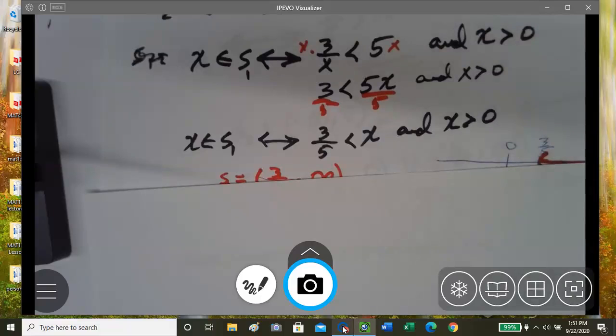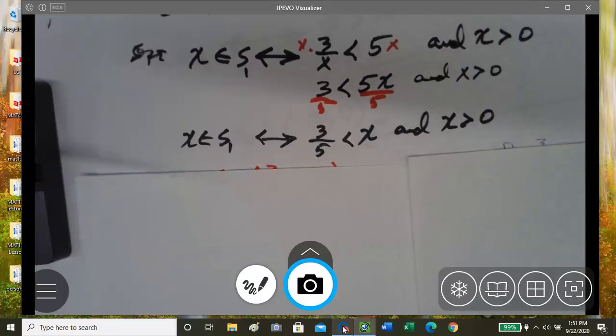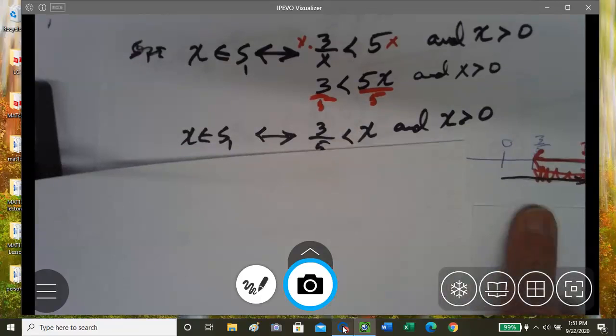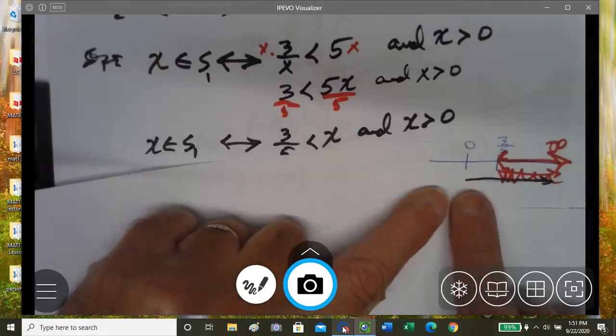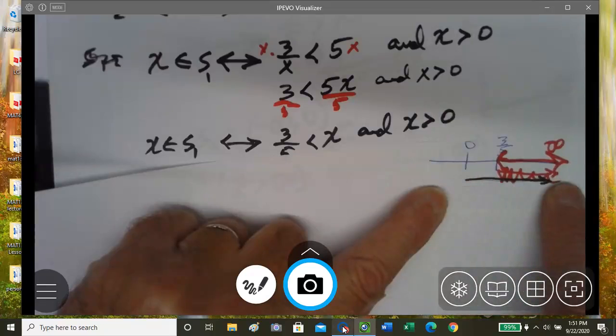So in this case, we go ahead and write out the number line, and we have 0. Since x is greater than 0, you have all elements going greater than 0.